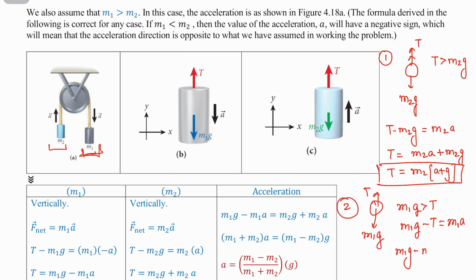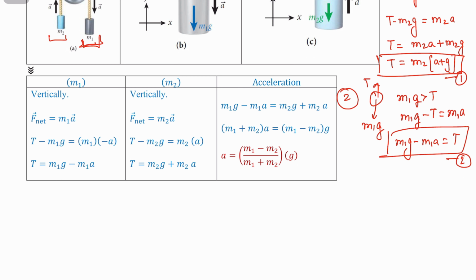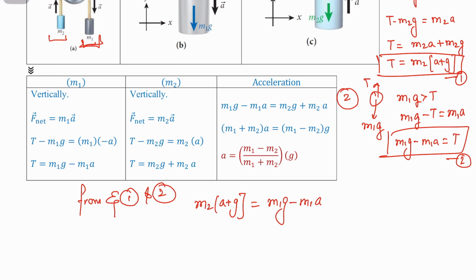M1G minus M1A equals tension. This is your equation number 2. This is your equation number 1. Make them equal and solve it. So from equations 1 and 2, can I say M2 times (A plus G) equals M1G minus M1A? Okay, just separate them.